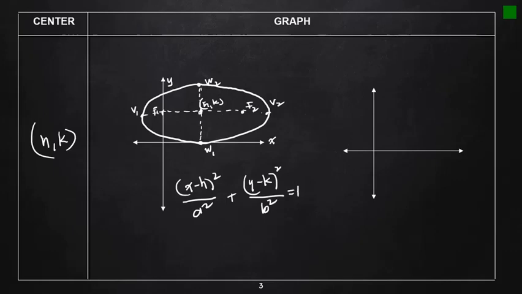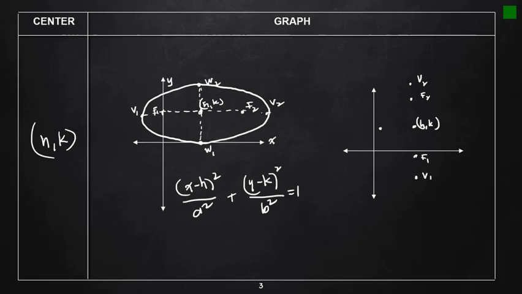Okay, and for this second one, let me draw an ellipse wherein the foci, the vertices, and the center are aligned vertically. Let this be our center at (h, k), and let these points be our F sub 1 and F sub 2. Let this be V sub 2, and V sub 1 is here.